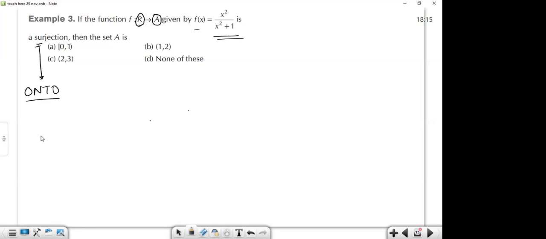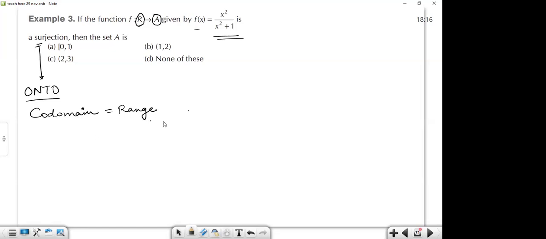What makes a function onto? In onto functions there will be no codomain elements remaining. Yes, all the codomain is getting mapped.